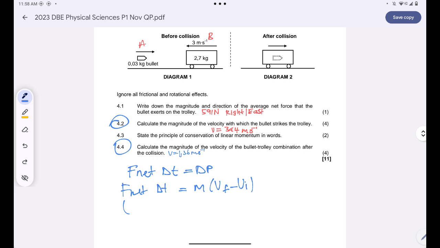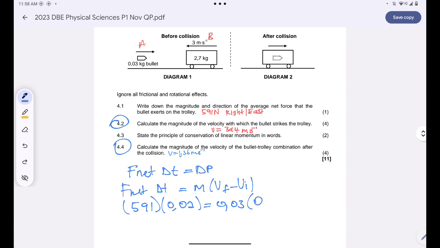So the bullet will experience a force that will try to push it towards the left. So I'll have positive 591 multiplied by the time it takes for the bullet to experience this force, which is 0.02, and then the mass of my bullet is 0.03. It will eventually come to a stop after 0.02 seconds.